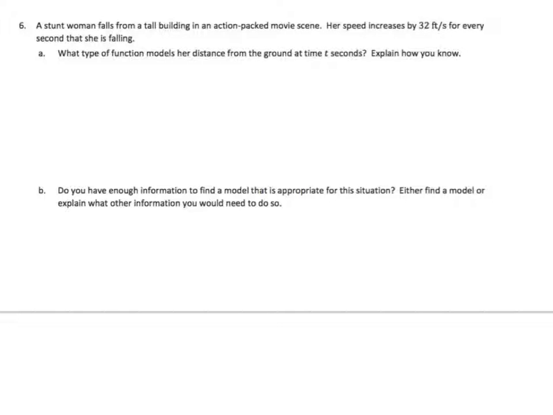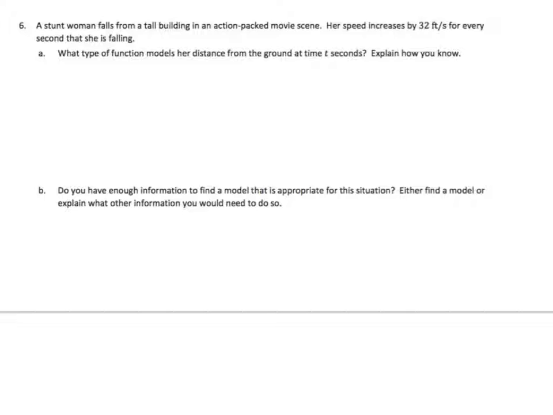Last one, a stunt woman falls from a tall building in an action-packed movie scene. Her speed increases 32 feet per second for every second she is falling. So 32 feet per second. Wow, that's fast. Her rate at which she gets closer to the ground increases linearly.